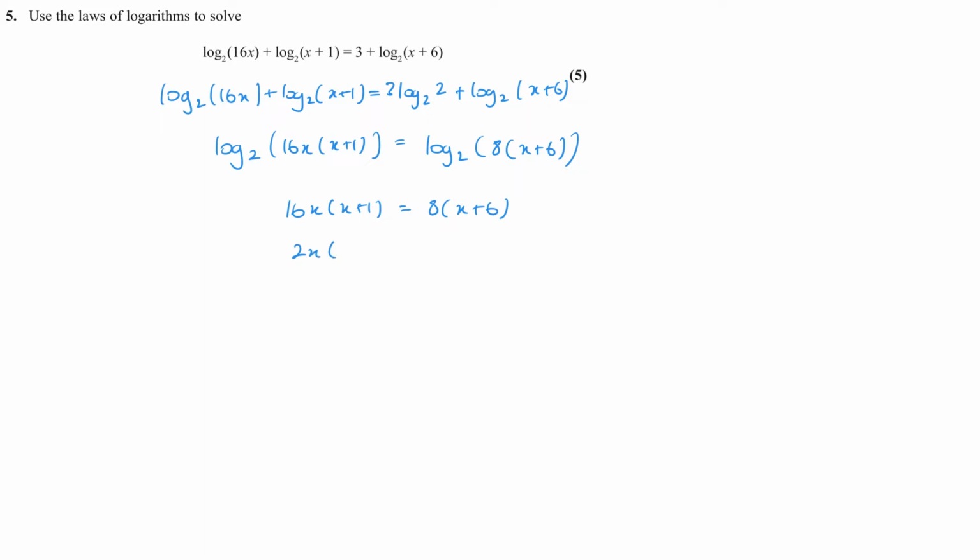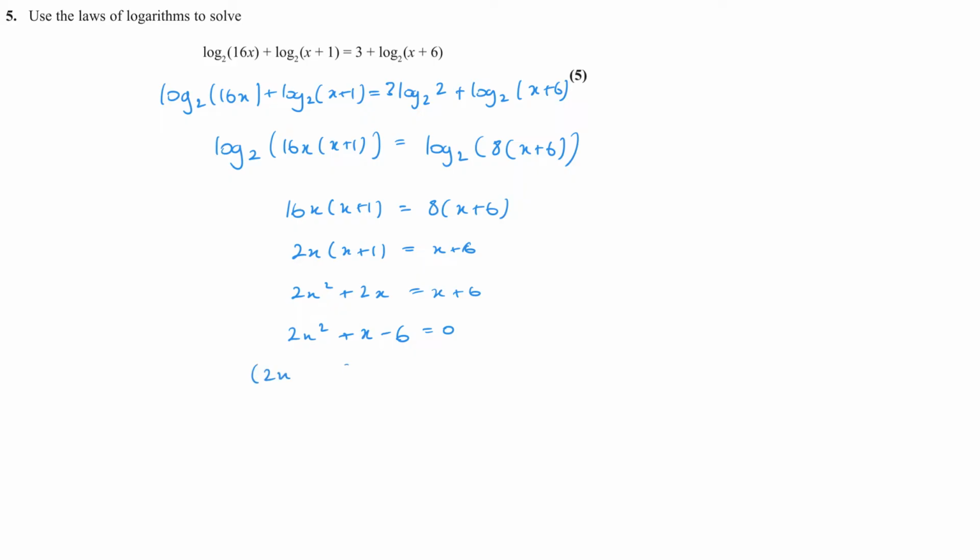So that gives me 2x times x plus 1 equals x plus 6. So 2x squared plus 2x equals x plus 6. 2x squared plus x minus 6 equals 0. Okay, so a little bit easier to do it that way.